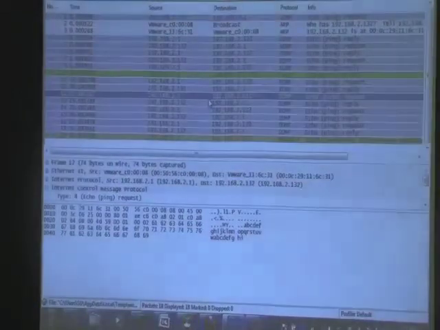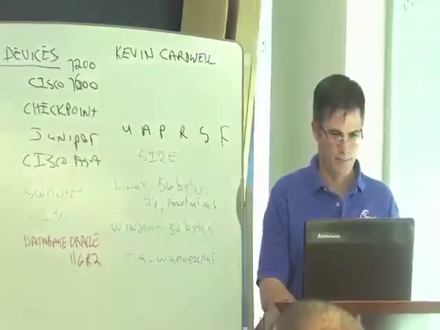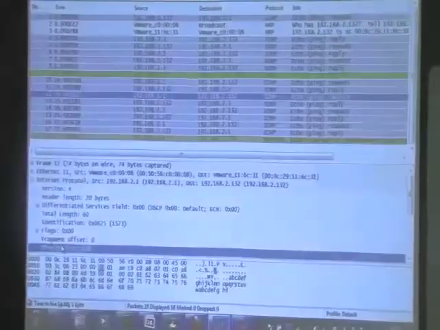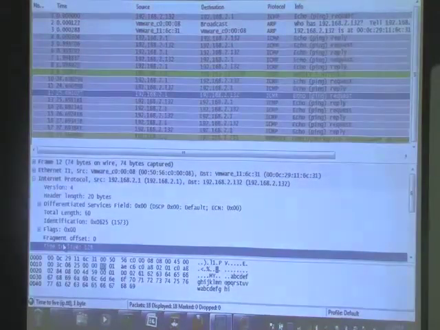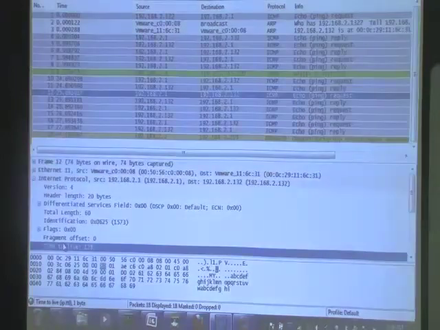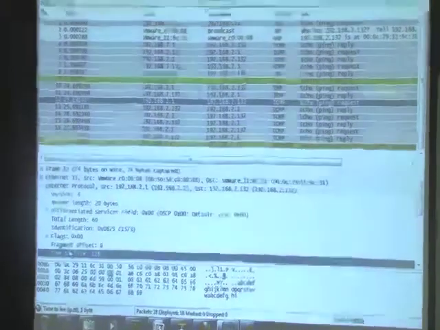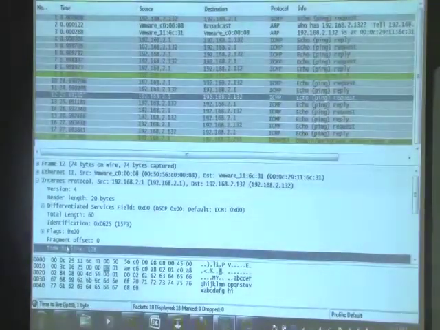Good. Now what if we go look at some IP information? The IP header, the TTL, the time to live. What's the time to live in a Windows ping? 128. What's the TTL in a Linux ping?